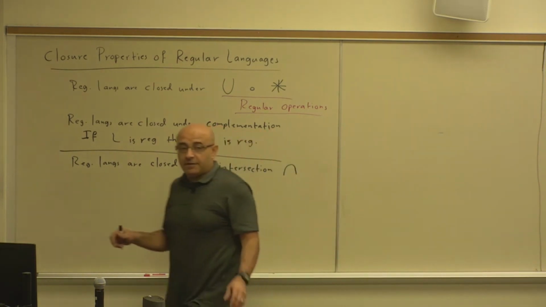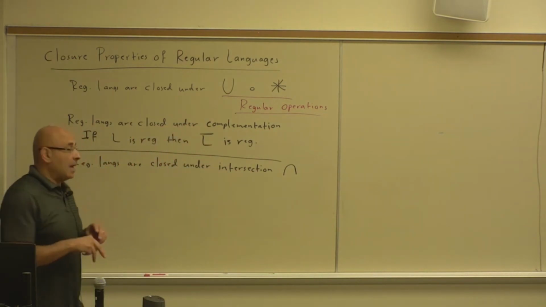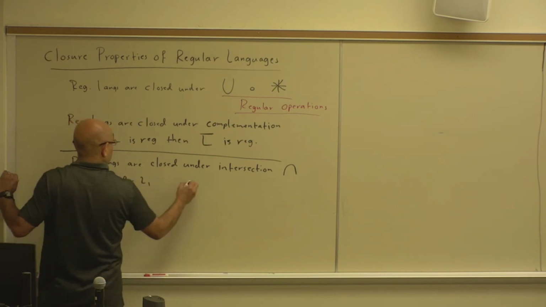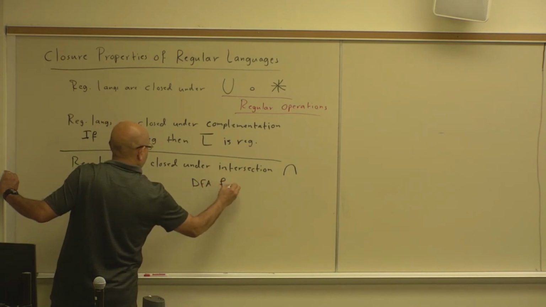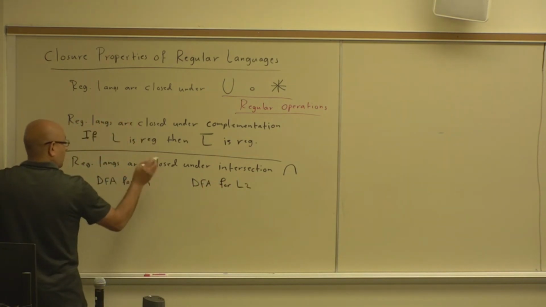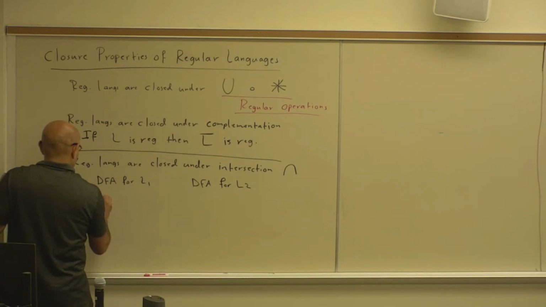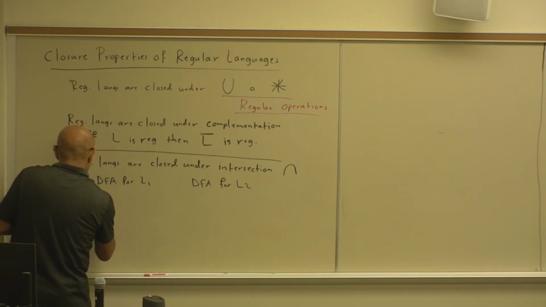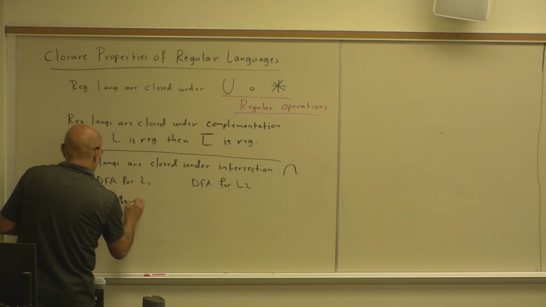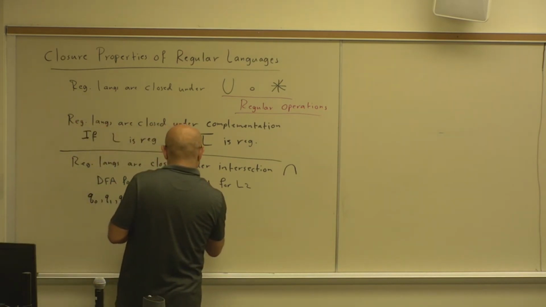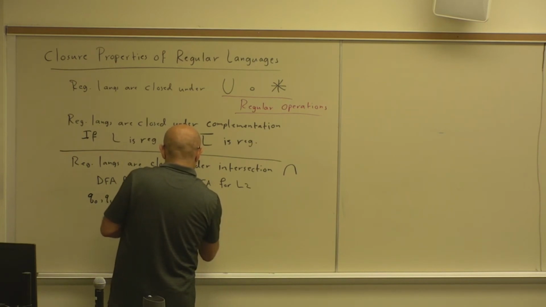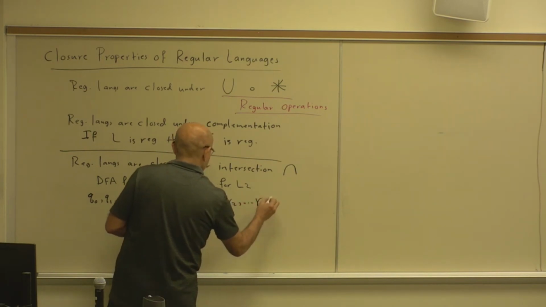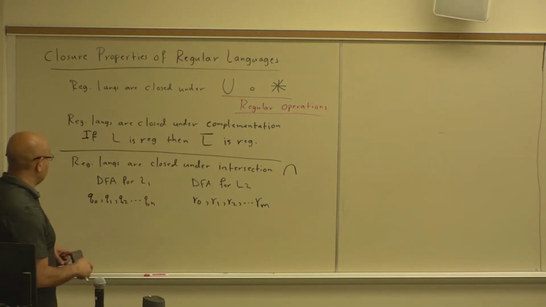Given DFAs for two languages, a DFA for L1 with states Q0, Q1, Q2 through Qn, and a DFA for L2 with states R0, R1, R2 through Rm, so the number of states can be different.